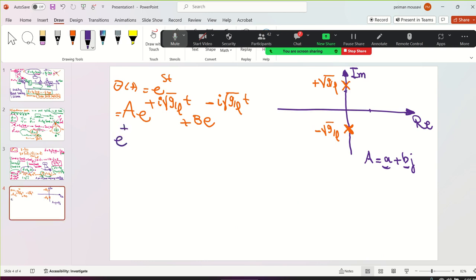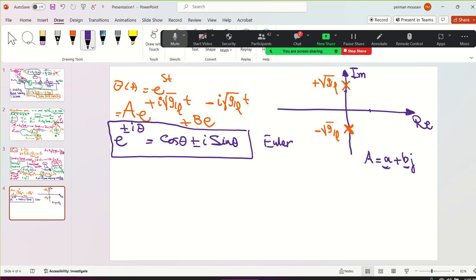This is e to the plus or minus i theta, the general statement, equals cosine theta plus or minus i sine theta. This is the Euler formula.